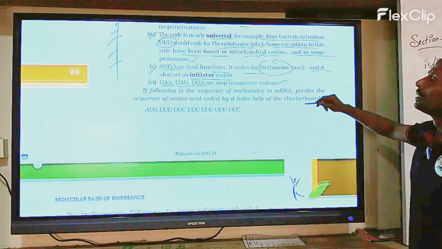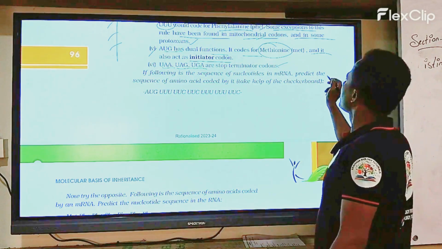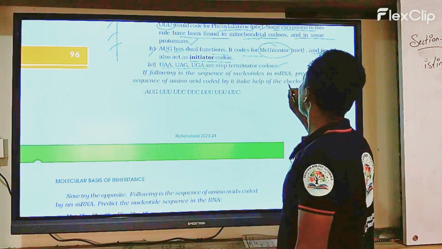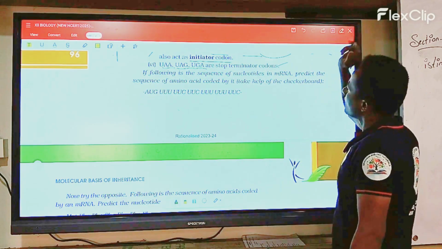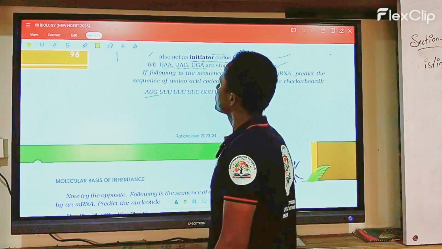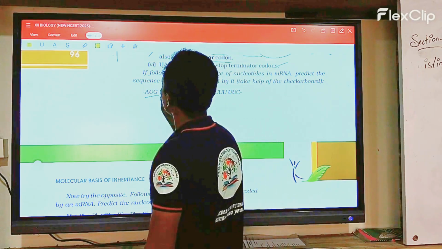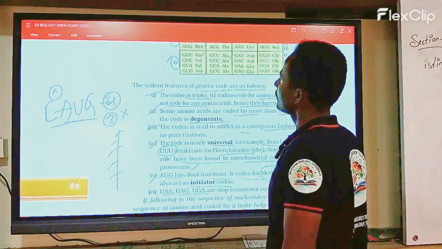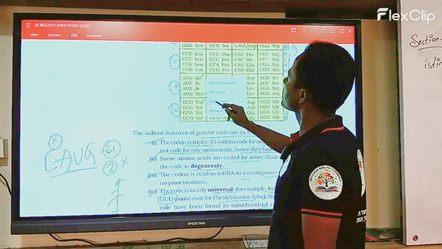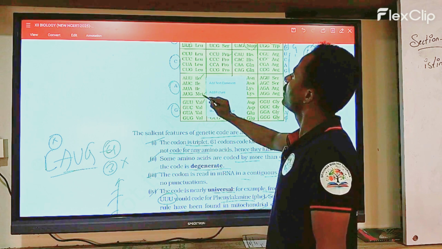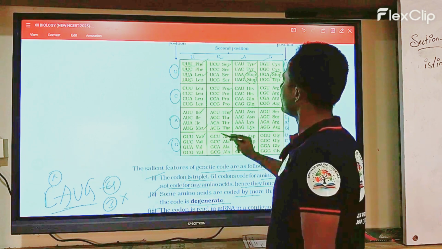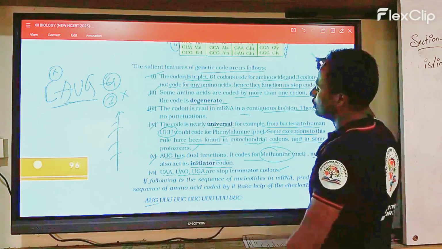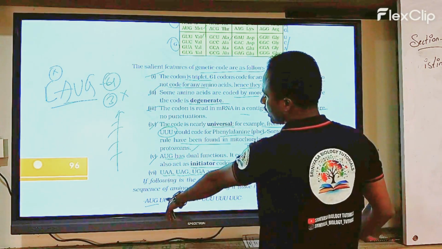Let's see here. The following sequence of nucleotides in mRNA: predict the sequence of amino acids it codes for, and take help of the checkerboard. So already you know AUG. AUG means methionine. Next they have given UUU.